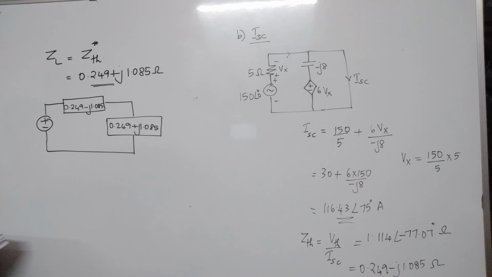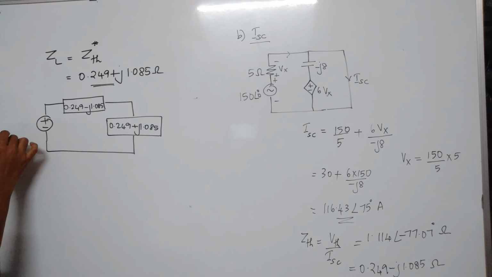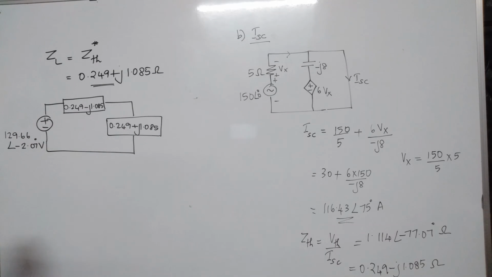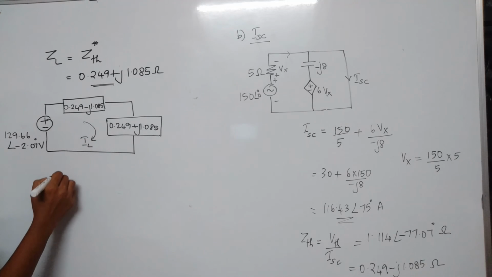What was VTH? VTH was 129.66 angle minus 2.07 volt. Now we can find out the current flowing through this.